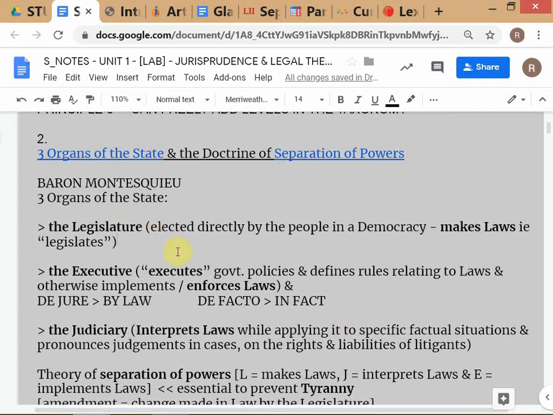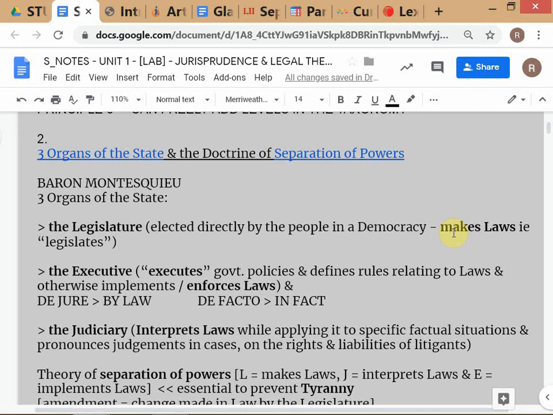So let's first understand checks and balances. Checks and balances essentially are that one branch is acting as a check on the other. So for instance, if you take this current controversy about the CAA, the Parliament has passed the law, and it has gone through the normal process. The President has signed it and all that. So it has become an act, but the constitutional validity of this act has been challenged by some people before the Supreme Court.